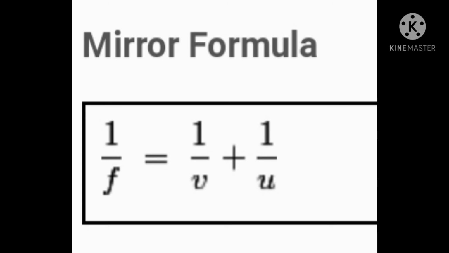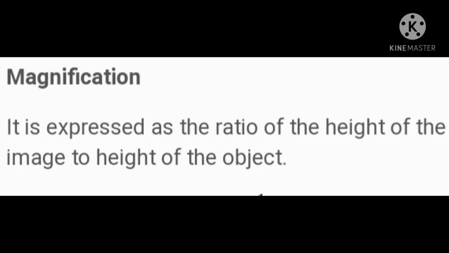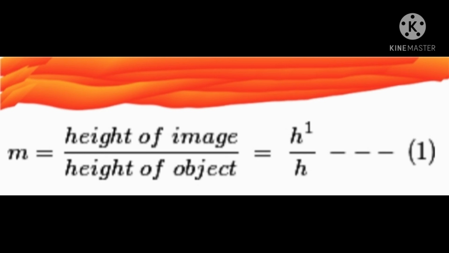Clear? Now next is the magnification. What is magnification? It is expressed as the ratio of the height of the image to the height of the object. Simple. Now look here, small letter m is equal to the height of the image divided by the height of the object.